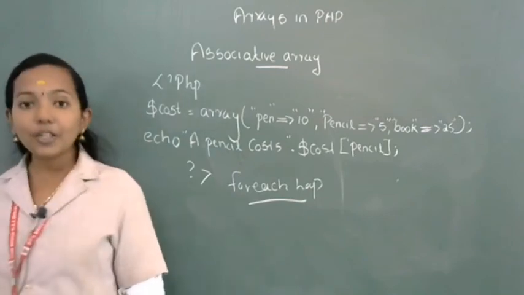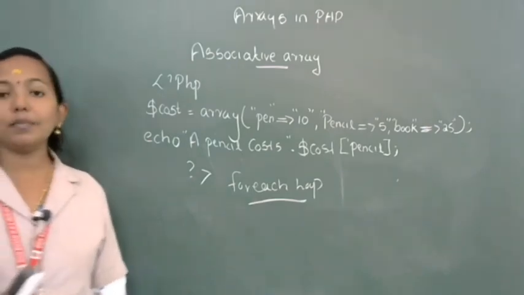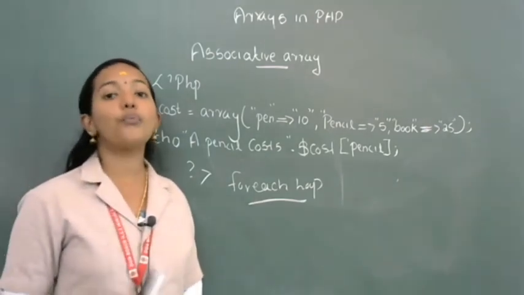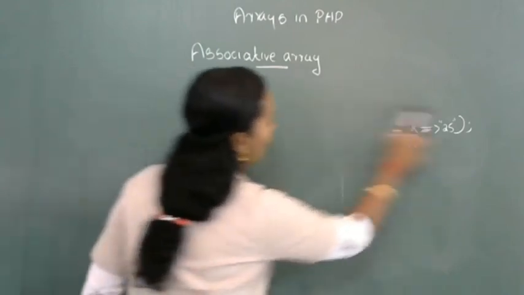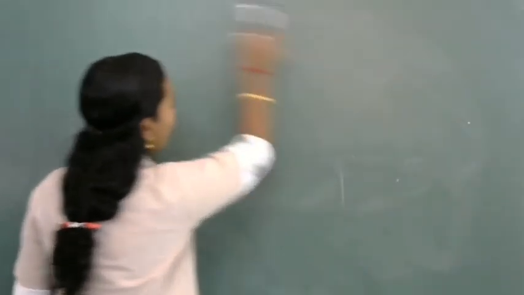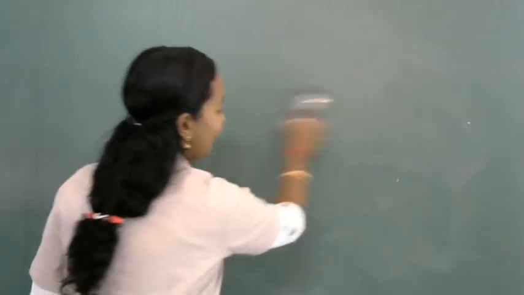Then at that moment, instead of normal for loop, we are using foreach loop. What is the loop name? Foreach loop.